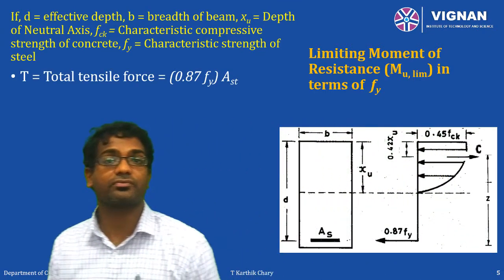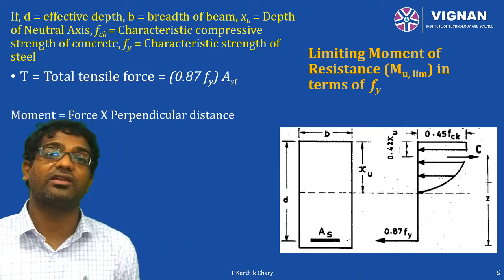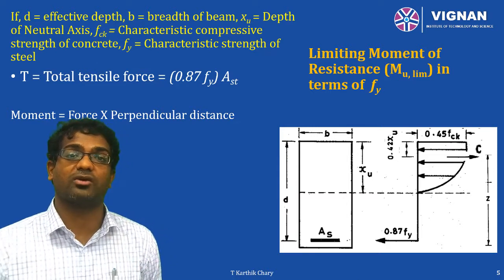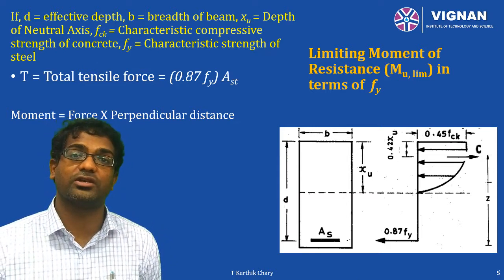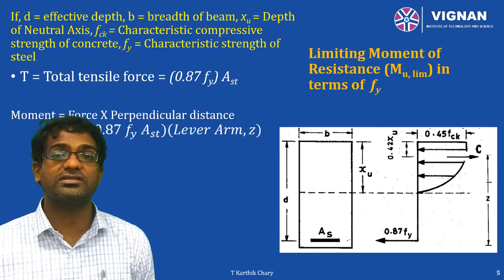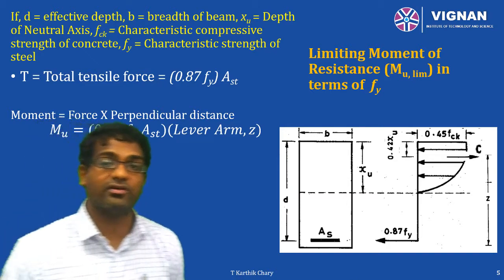Now, as we have two materials, we also have the other equation, which is from using the tensile force. The tensile force is given by 0.87 fy Ast. So if we use the same equation, moment is given by force into perpendicular distance. What is the force? Force is 0.87 fy Ast multiplied by the lever arm.